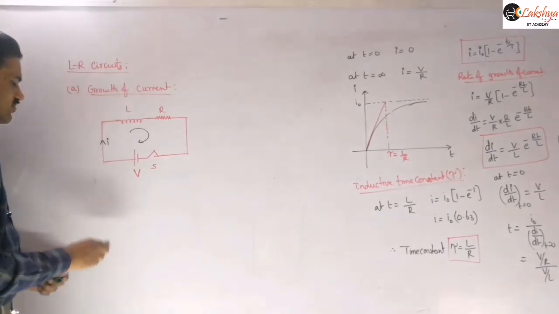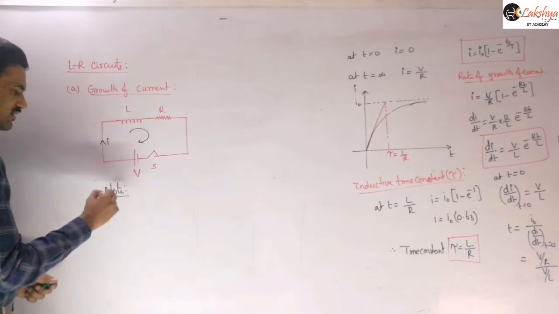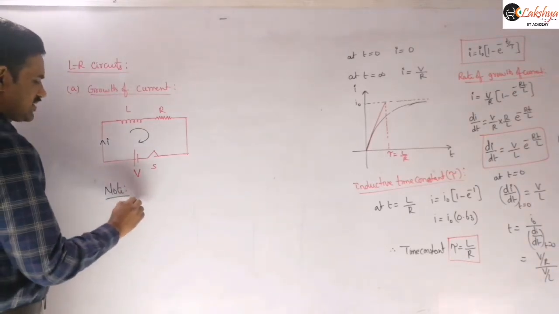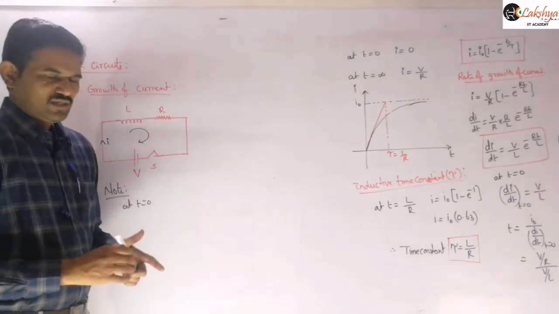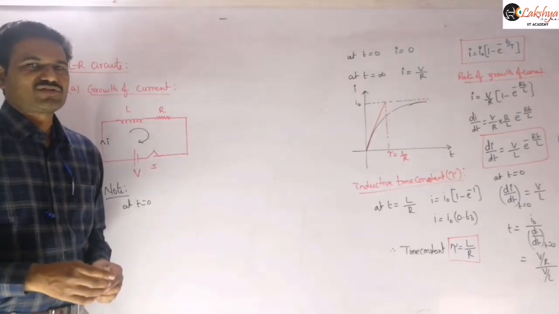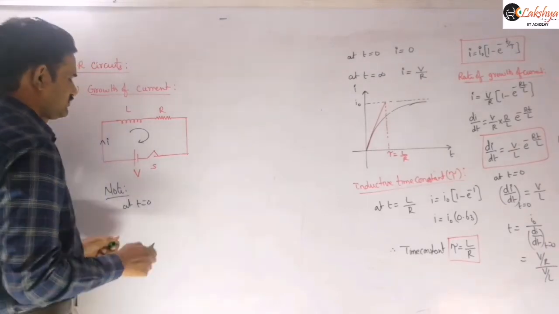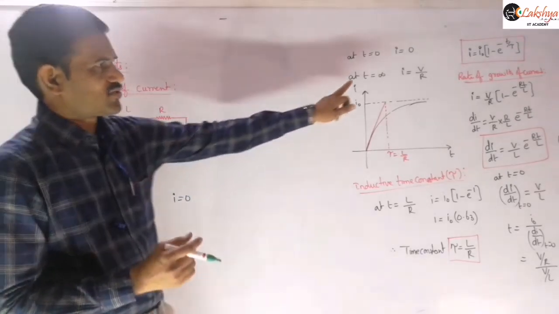At t is equal to 0, this is a very important point, the behavior of this inductor. For capacitor we mentioned already. At t is equal to 0, that is just after closing the switch, I is equal to 0. That we already mentioned here.